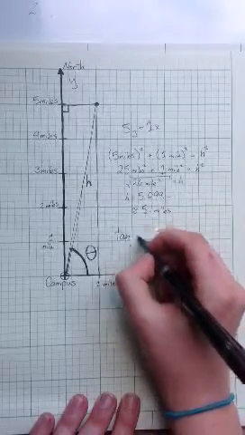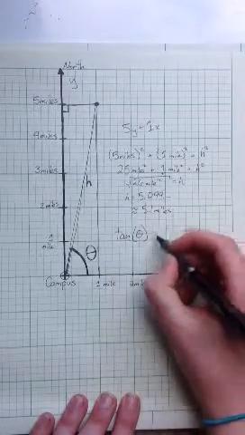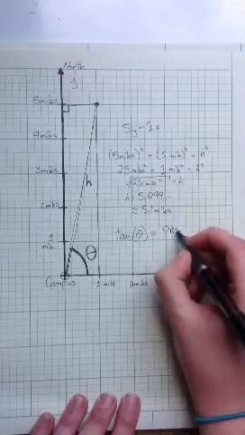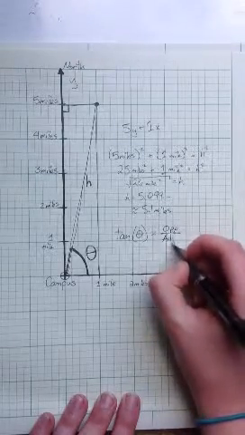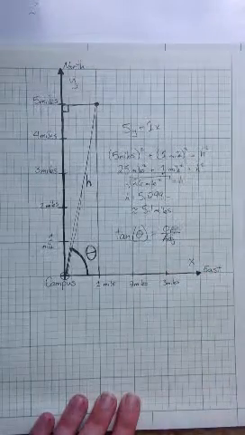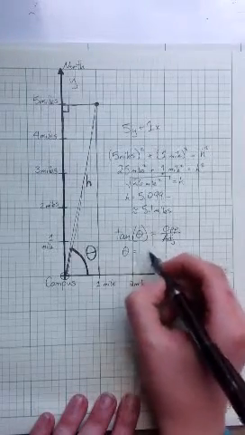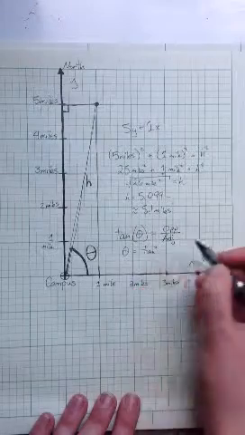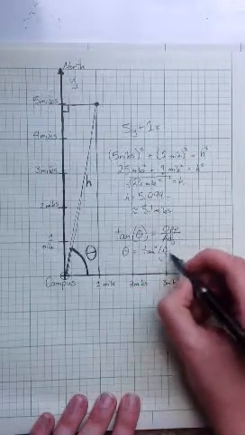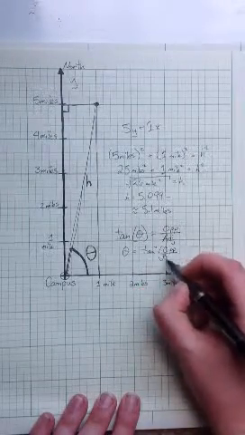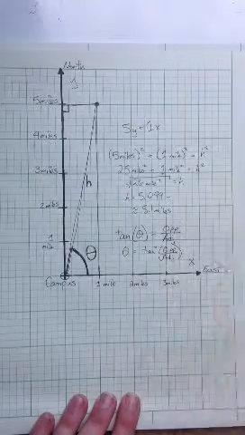So tangent of theta is equal to opposite over adjacent, right? Well, we can say theta is equal to inverse tangent of opposite over adjacent, right?